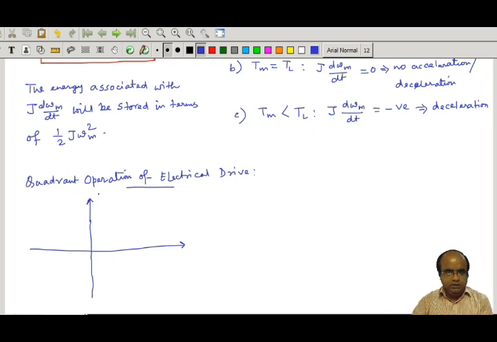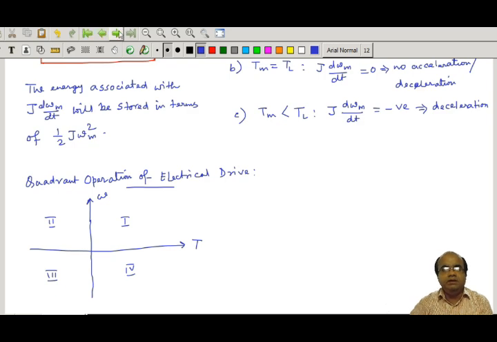This is the omega axis, this is the torque axis. Based on this, this is the first quadrant, second quadrant, third quadrant and fourth quadrant. Based on which the motor load system will act in motoring action or braking action, it depends. Now I am going one by one.